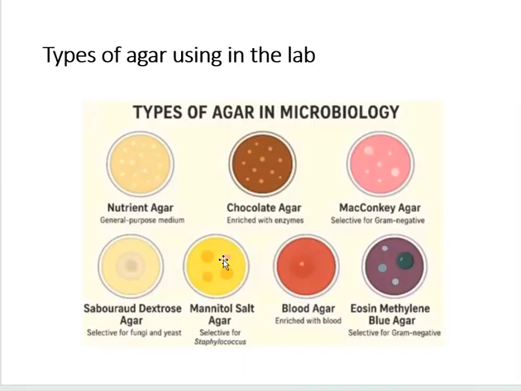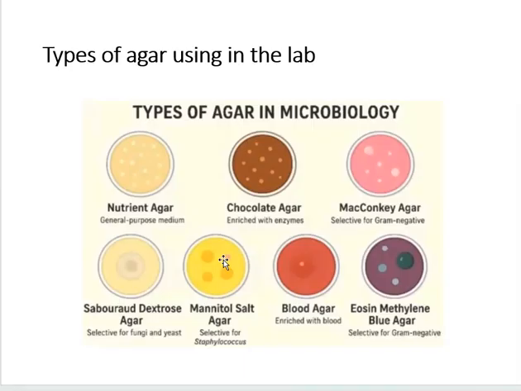So, if you're plating out a specimen that's come down, you have no idea what's on that swab. So what we generally do is pick a nutrient agar. If it's coming from certain areas, maybe we're looking for Neisseria, if they suspect it may be Neisseria, we would add a chocolate agar.